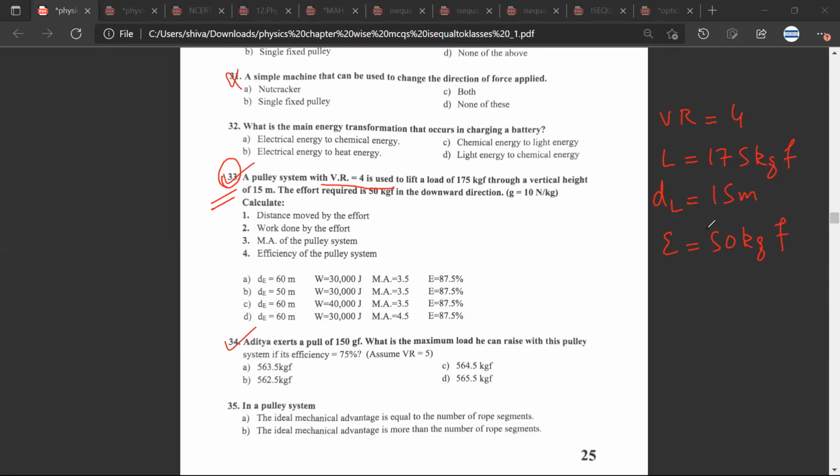So VR is equal to dE upon dL. So VR is equal to 4. So VR is equal to dE upon dL, which would be 4 is equal to dE upon 15.